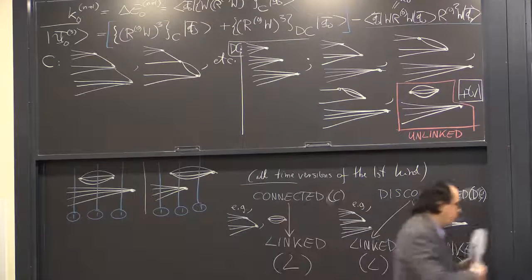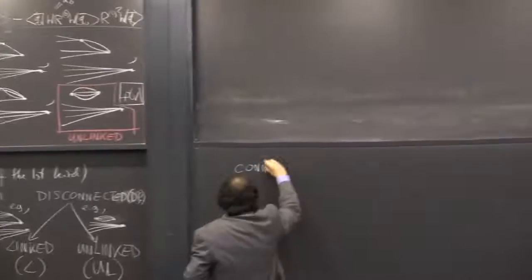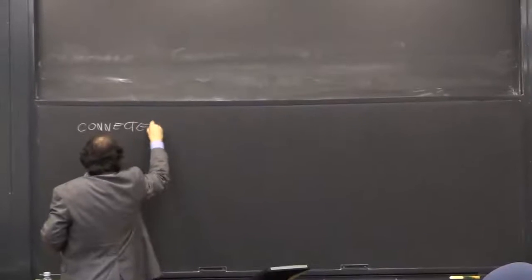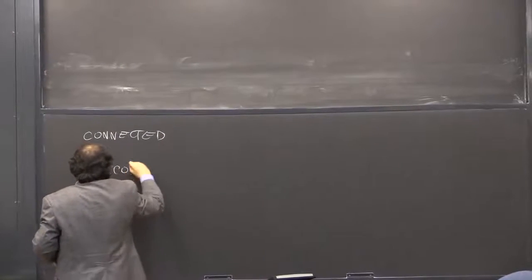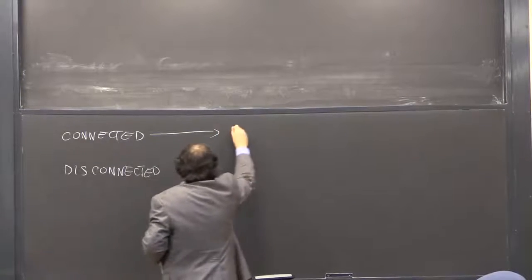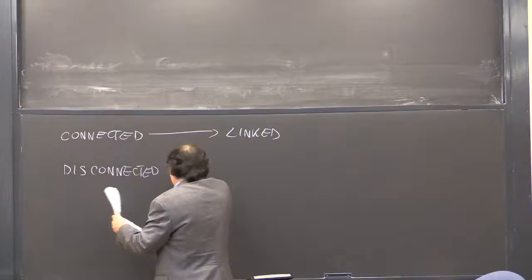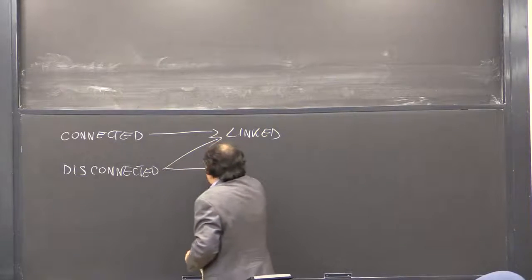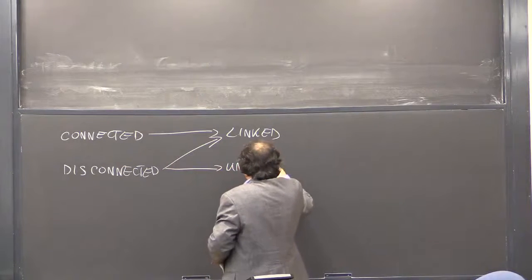You can also present this in a different way, which I think is useful. It's useful to look at these relationships so that when we talk about it, it's all clear. So I can write it in this way. We learned that connected means linked, and we've learned that disconnected means linked or unlinked. So that's a different presentation of the previous diagram.